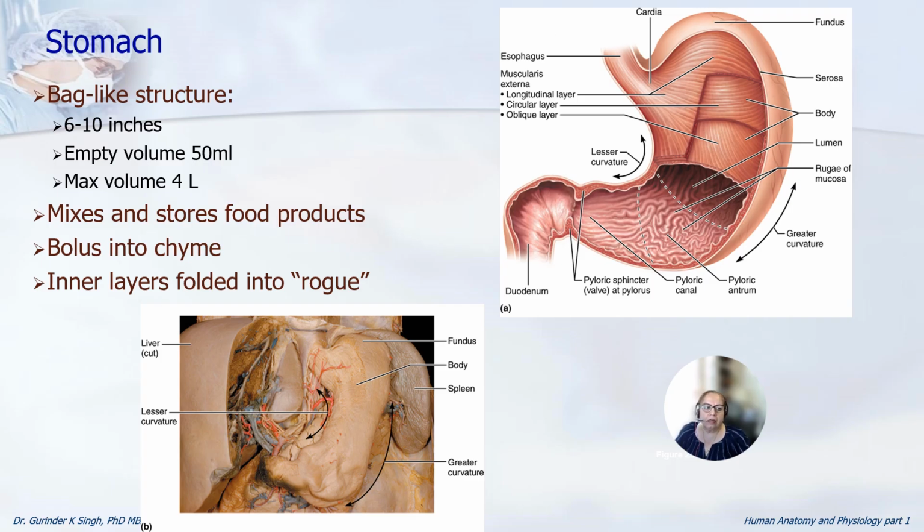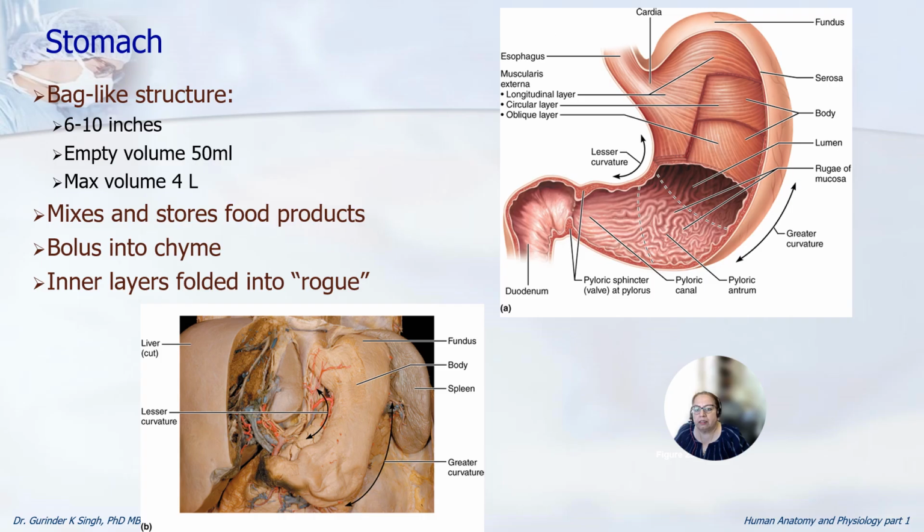An empty stomach is pretty small and has a volume of approximately only 50 ml, but it can expand a lot and can hold up to 4 liters. So that's a lot of change, 50 ml to 4000 ml. Again, an empty stomach is small, 6 to 8 inches.